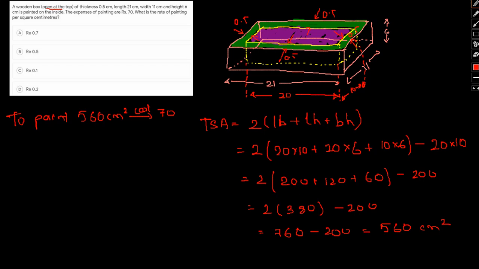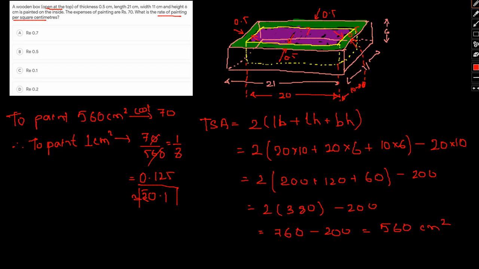Now we need to find the painting rate per square centimeter. So to paint 1 square centimeter, it would cost 70 by 560, or 1 by 8, that would be 0.125, or 0.1 rupees. Okay, I'm taking the approximate. So option C will be our correct answer.